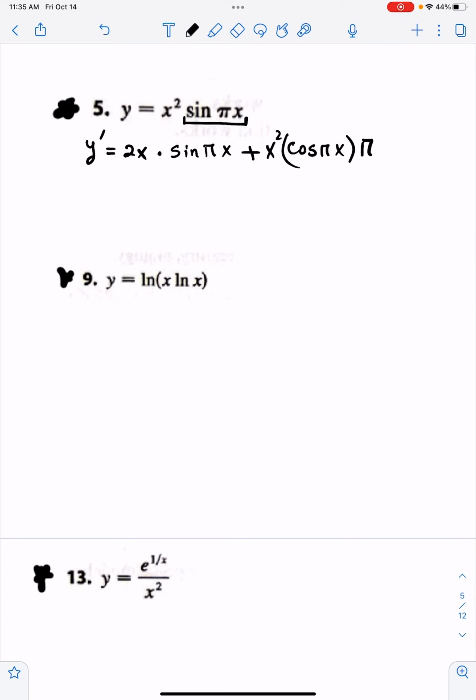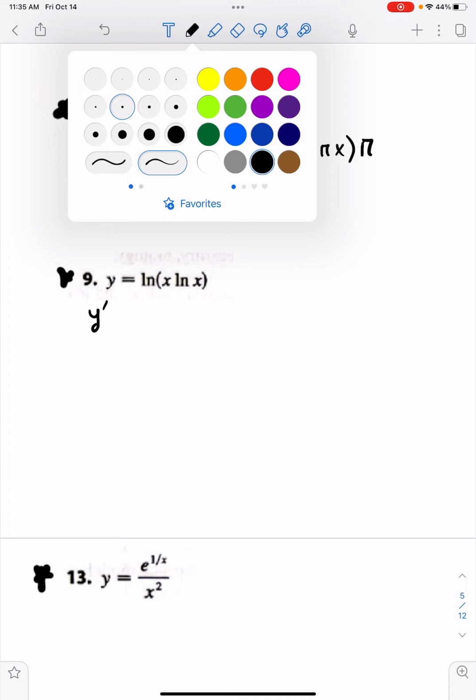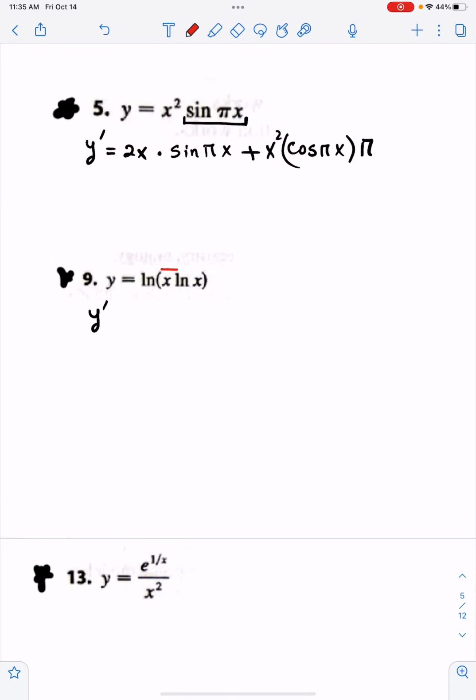Okay, number 9. y is ln of (x times ln x). So let's look here. ln is the outside function, and inside the box we have x ln x. Let me highlight this one. This is the inside function, and then this is the outside function.